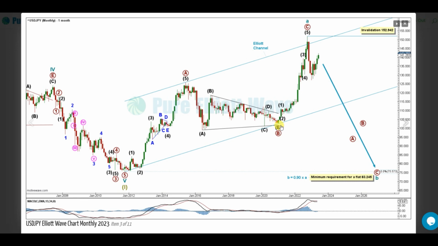We've drawn an Elliott channel around this structure where you start at the beginning of primary A, draw a line to the end of B, and then place a parallel copy on the end of A, and C usually finds resistance along this channel, which it did here. Had almost like a false breakout where it just barely popped out and then quickly went back down. So that's reassuring to see.